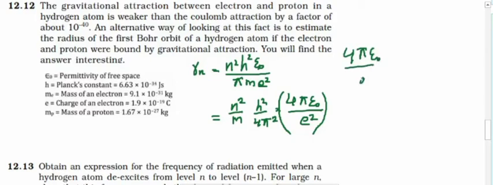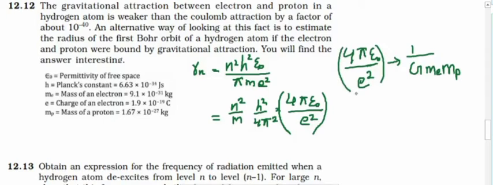In the force formula it is e square divided by 4 pi epsilon naught. This constant, q1 q2 divided by 4 pi epsilon naught, can be replaced by, since we have to take gravitational force, G M E M. So the term 4 pi epsilon naught divided by e square should be replaced by 1 divided by G M E M. Then, substituting and replacing that constant, you find the value of R.